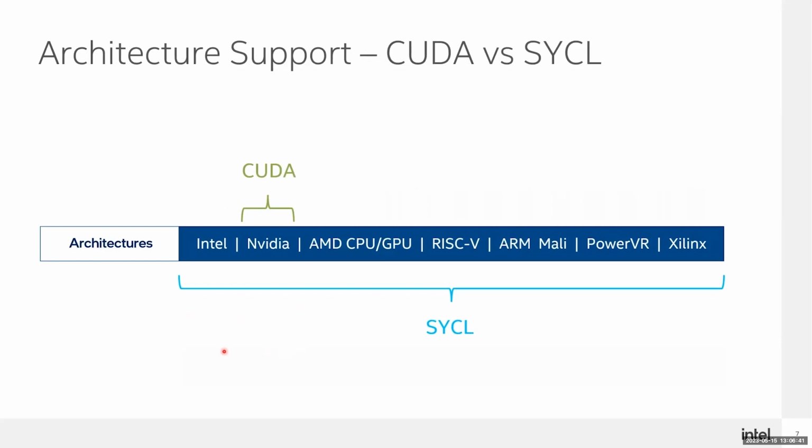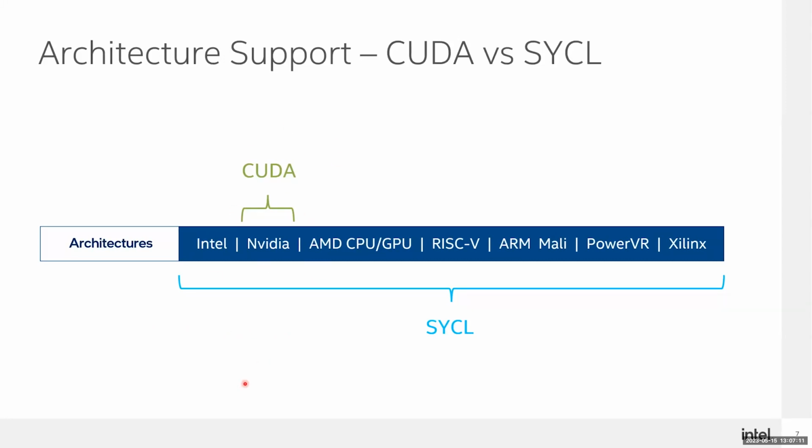So in a snapshot, if you have a CUDA application, it mainly runs on your NVIDIA hardware, which is NVIDIA GPUs. But SYCL is an open standard and it supports all the different vendors and all the different types of architectures as well. So CPUs, GPUs, FPGAs, you see Xilinx here, right? So it supports all these architectures. So this will give you freedom from any one specific vendor lock-in.